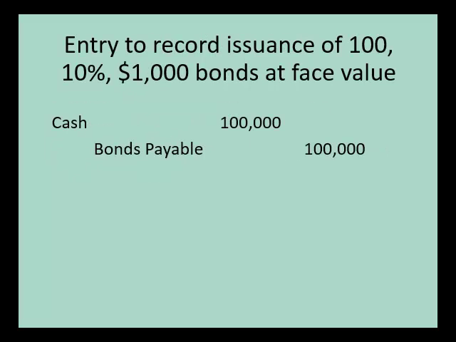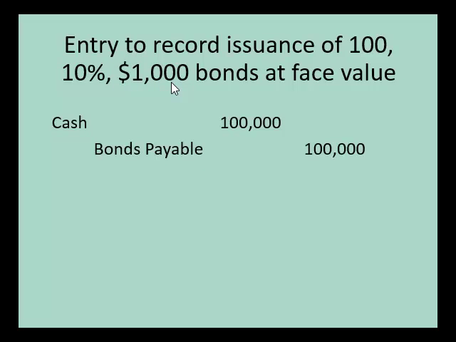So let's say that a company needs to record the issuance of 100 bonds, and these bonds are for $1,000 each, and they pay 10% interest. The face value of the bond then will be the $1,000 amount.